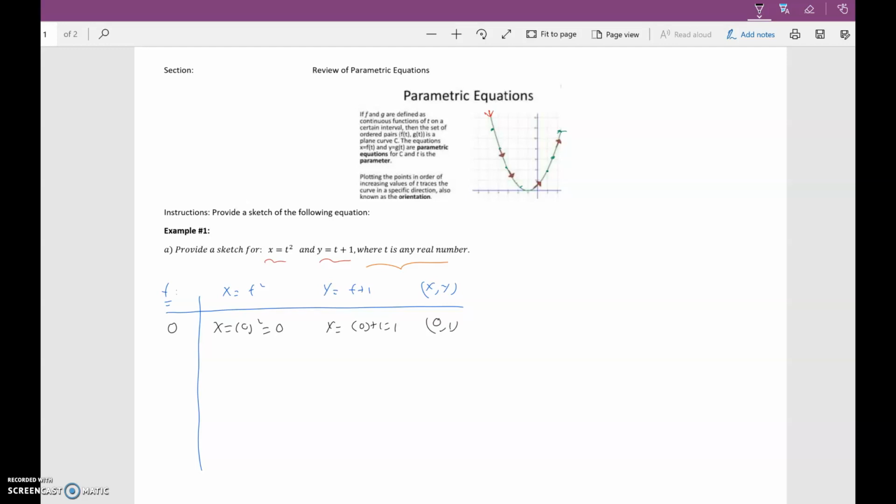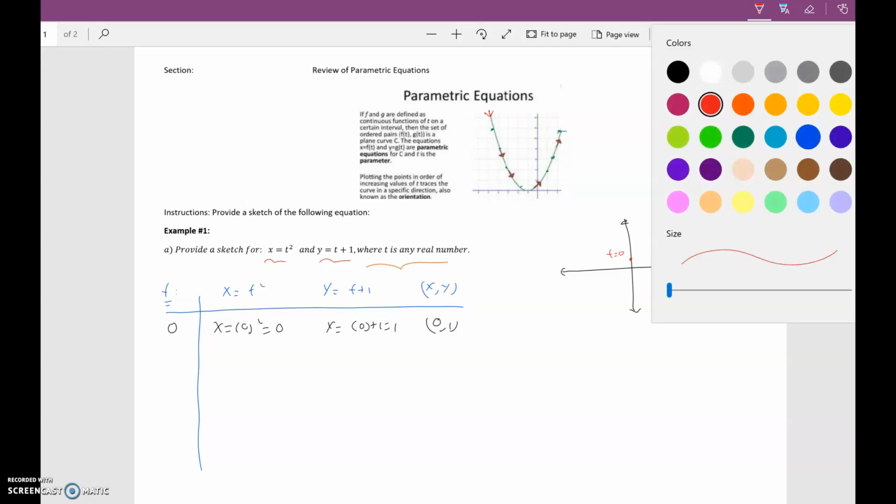So let me create a sketch of the actual function. And then we're going to have the coordinate point 0, 1, which is here, and it represents t is equal to 0. So the coordinate point at t is equal to 0 is 0, 1.